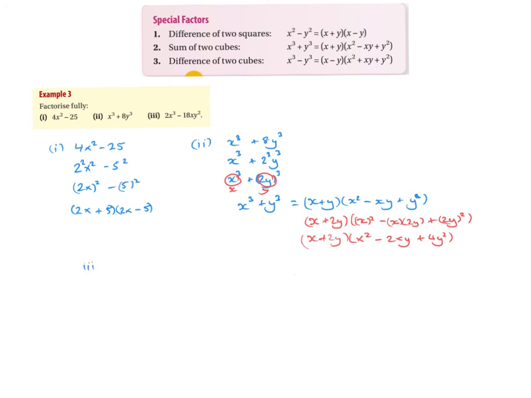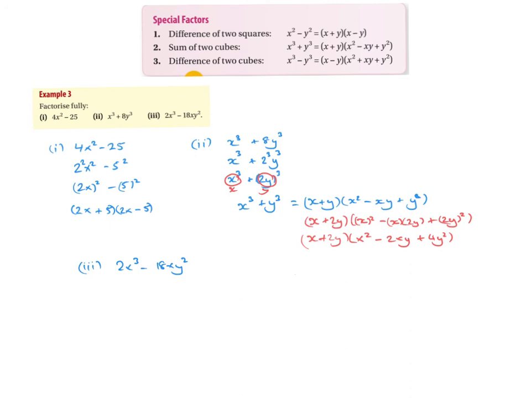Okay, let's have a look at the last one. Go down here. What we have for this one is 2x cubed minus 18xy squared. Interesting. Hopefully you can see that we can take a common factor out of this. We can take out 2 and an x.